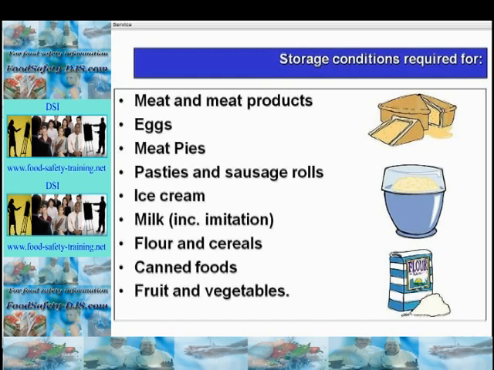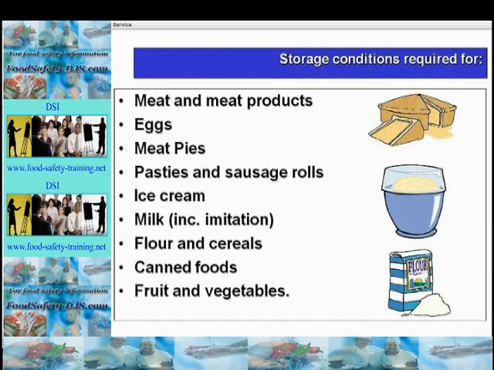Storage conditions for different types of foods include, first of all, raw meat and poultry between -1 to +1 degrees Celsius and to hang where possible. The storage of eggs: clean and dry, below 20 degrees Celsius, used within 21 days.